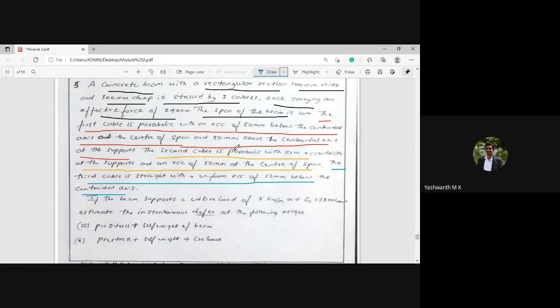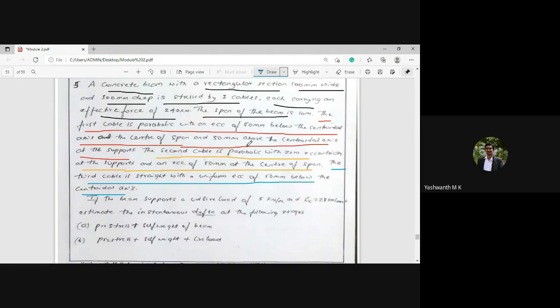So these are the cables that have been induced inside the rectangular pre-stressed concrete beam. The first one is a parabola with an eccentricity of 50 mm below the central axis at the center of the span and 50 mm above the central axis at the support.